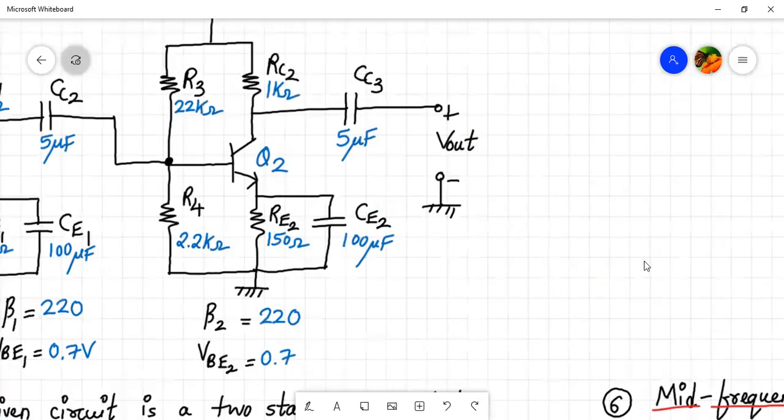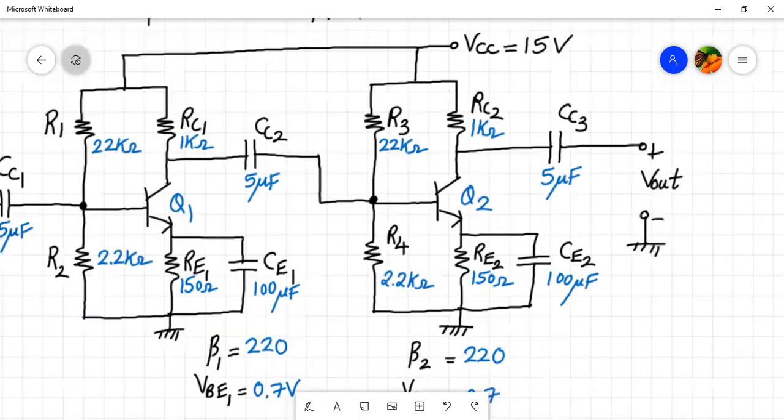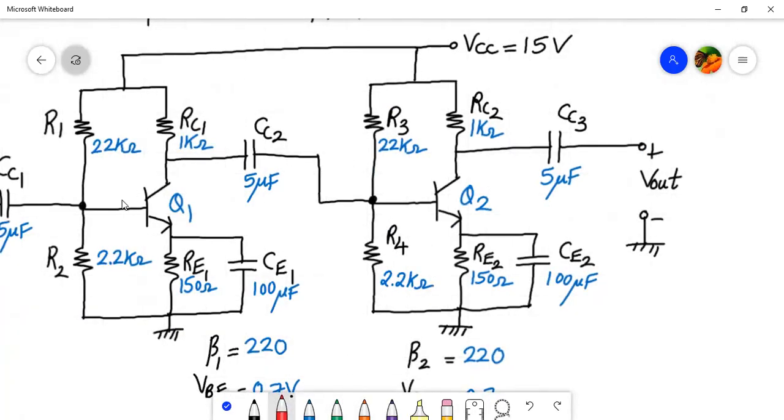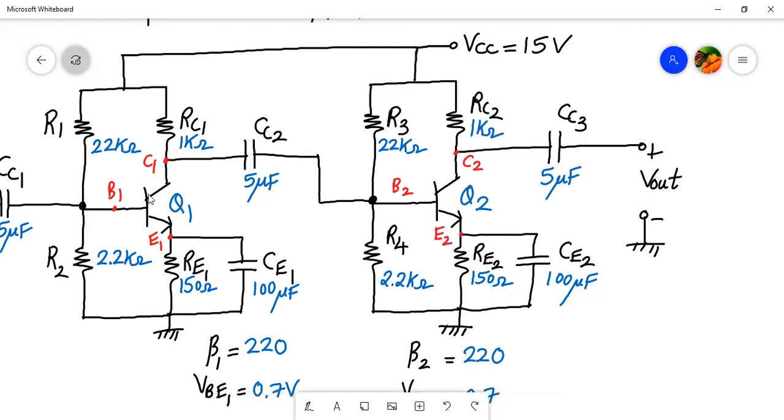So here is the circuit. First of all, we have to mark the base, collector, and emitter regions. So this is base 1, collector 1, emitter 1, base 2, collector 2, emitter 2. Okay, so first of all, let's quickly draw the hybrid pi model for Q1 and Q2.